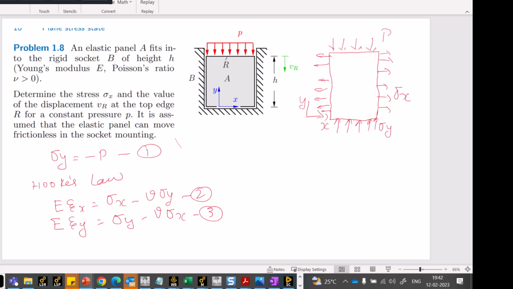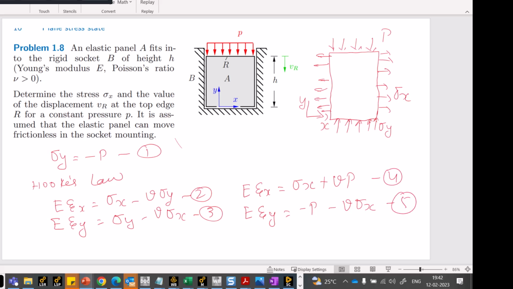Now if we put in the values from the free body diagram, that sigma y is equal to minus the pressure that we are applying, it becomes E epsilon x is equal to sigma x plus nu p, and E strain in y is equal to minus p minus nu sigma x. Let's give these numbers 4 and 5.